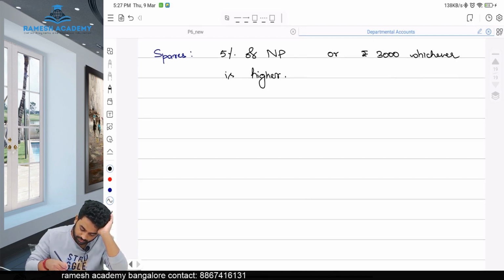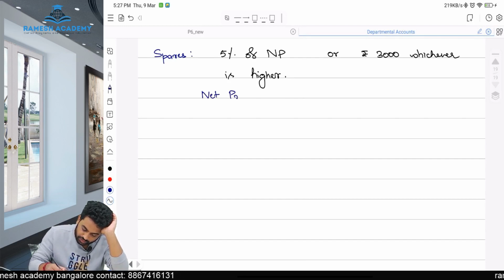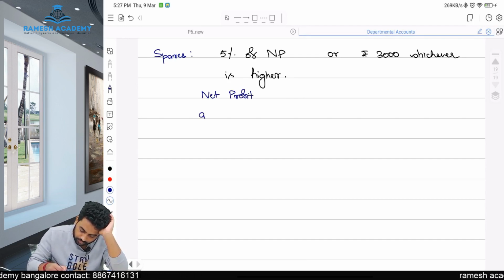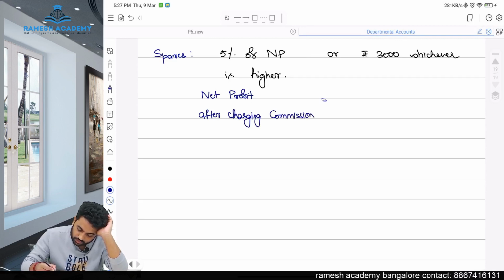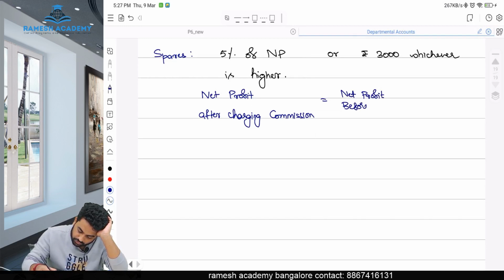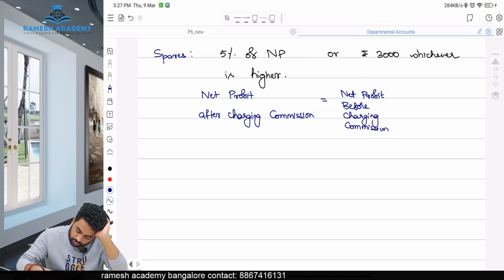Okay, how to arrive at that, sir? Listen. Net profit after charging commission is equal to net profit before charging commission minus commission.